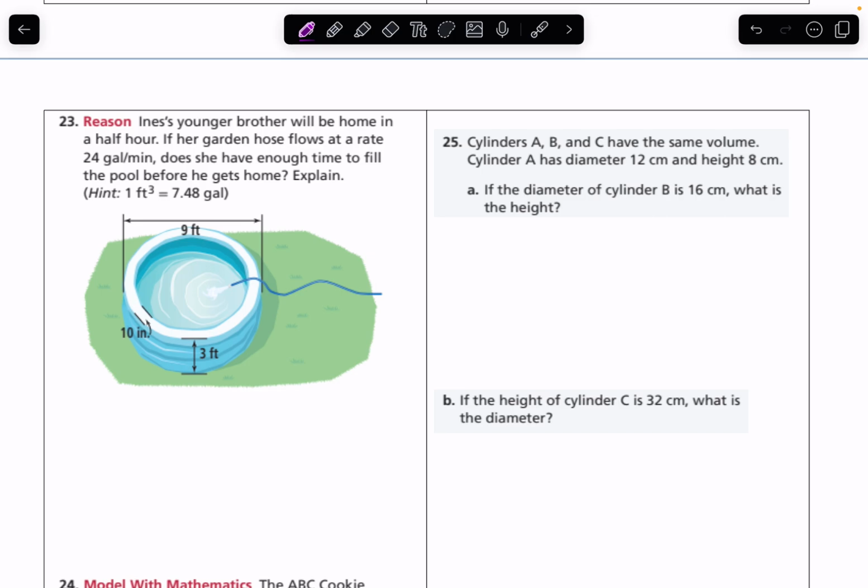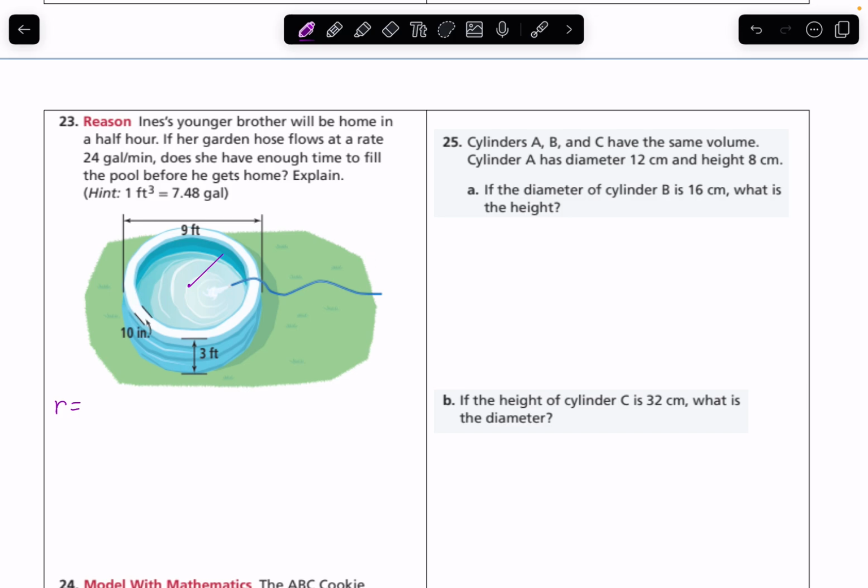We've got to figure out the diameter of the pool, going from the center just to the edge of where the water is. Because we know that the entire diameter is 9 feet, but it's got a thickness of 10 inches on both sides. So the radius of this pool is the first thing we need to find, or the radius of the water in the pool.